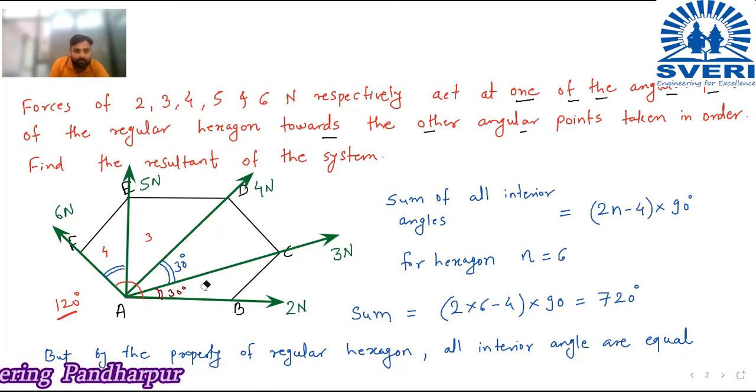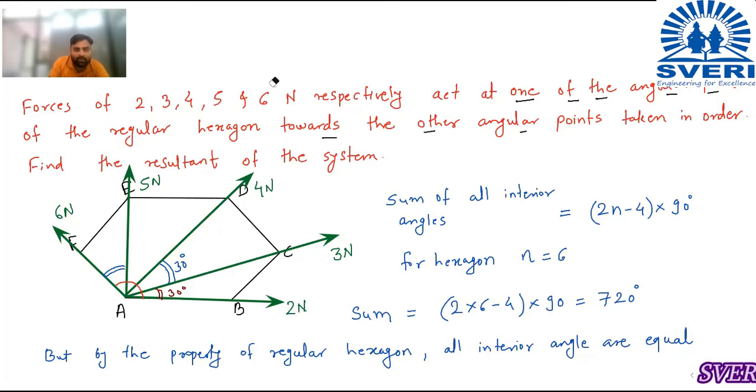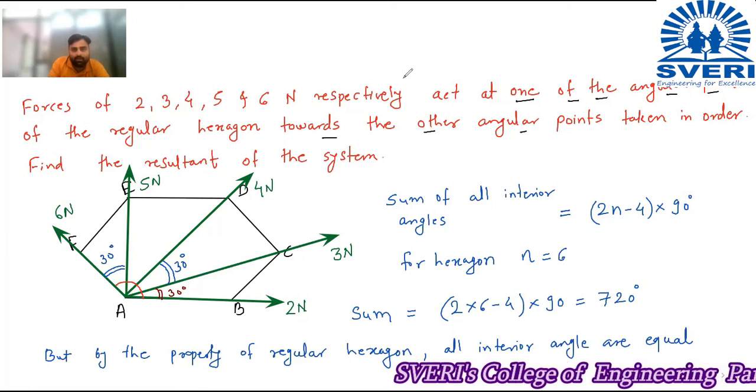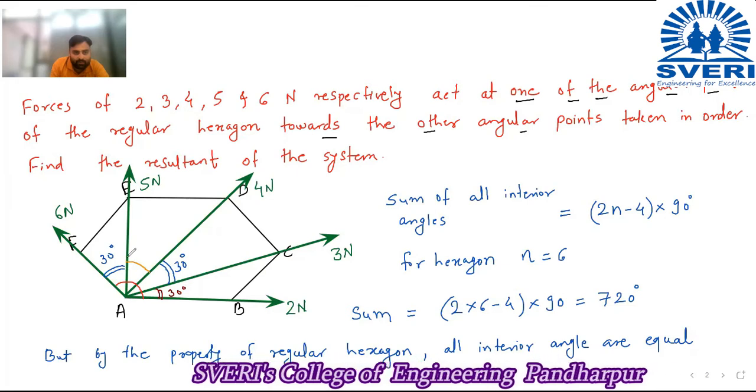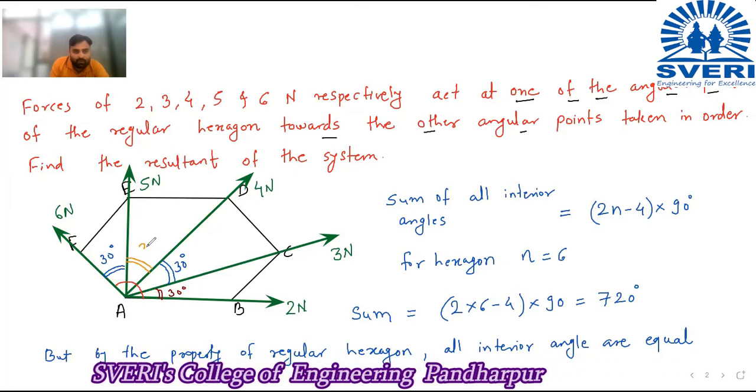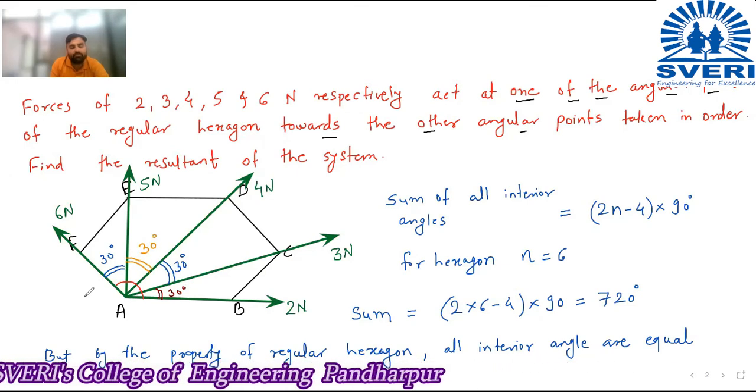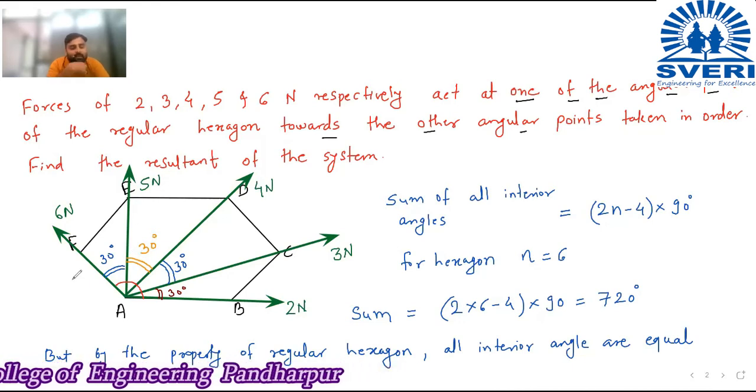Okay, so now I will erase this. You know this total angle is 120. So this much of angle is 30 degree, and here this much of angle is 30 degree. So now we have got all these interior angles.